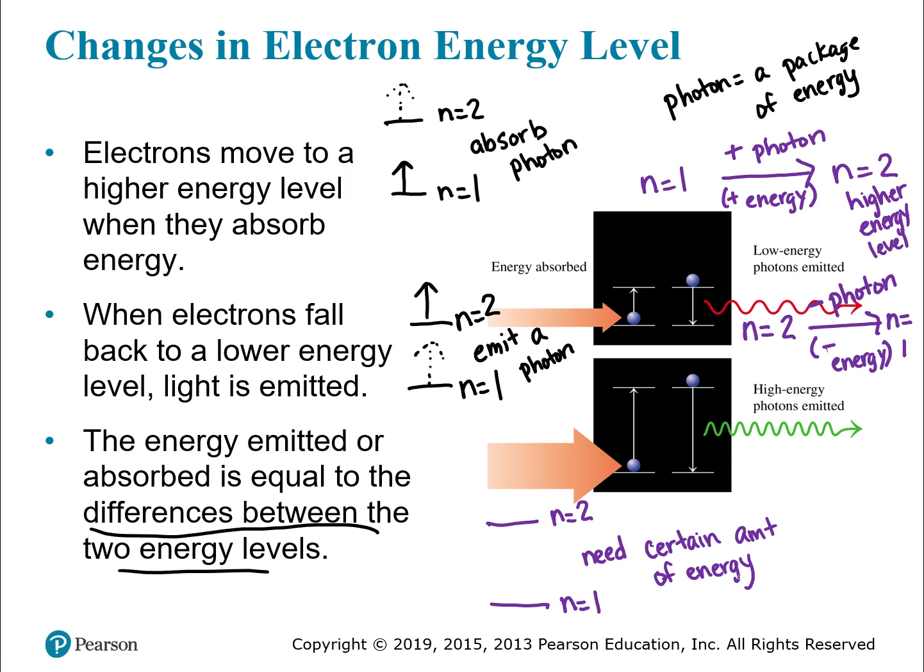So it doesn't matter how many points you have until you've crossed the threshold of having enough experience points to be qualified as level 2. So that difference, let's say that you need to earn 5,000 experience points. That's the difference between level 1 and level 2. With our electrons, we're talking about energy. So maybe it's 5,000 joules or whichever energy unit you want to use. That's the required amount of energy to take an electron from level 1 to level 2.